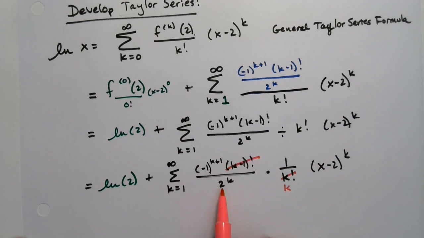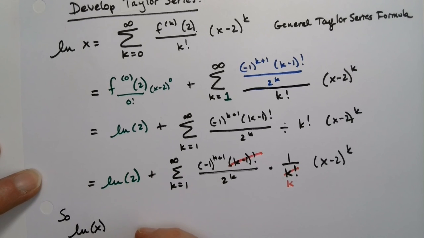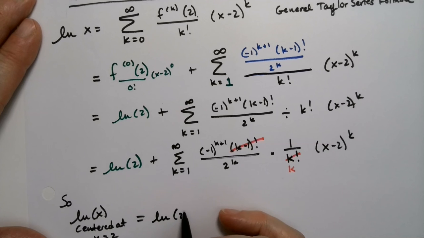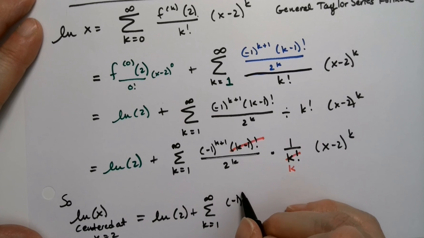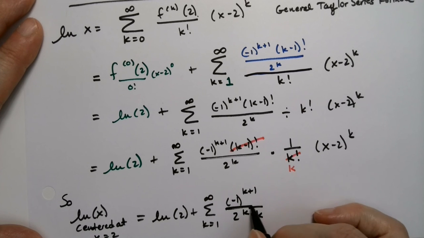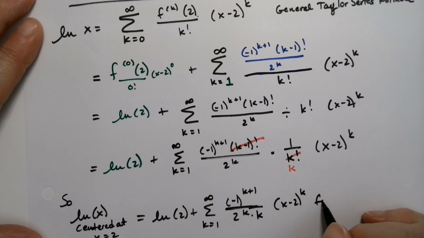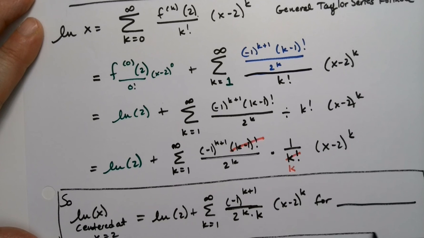And so it's negative 1 to the k plus 1 over 2 to the k times k, all times x minus 2 to the k, and we don't know the interval yet. That's what we're going to figure out on the next page.